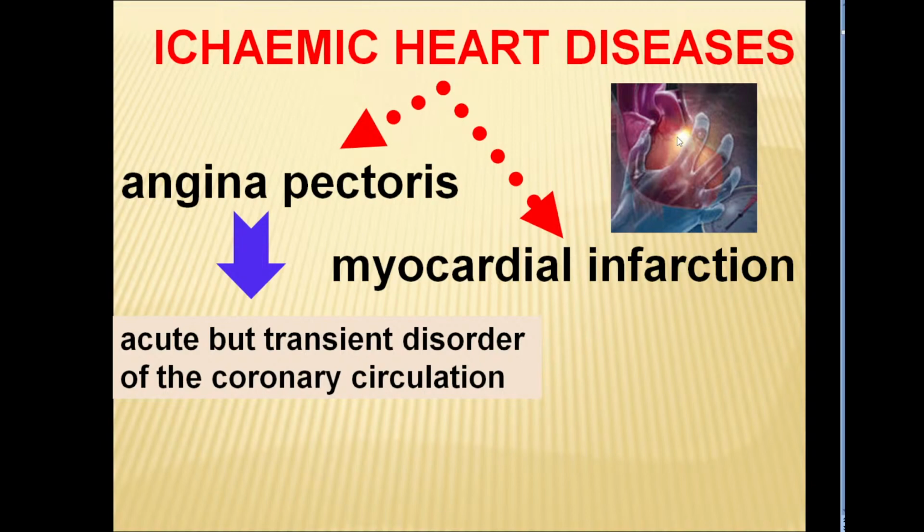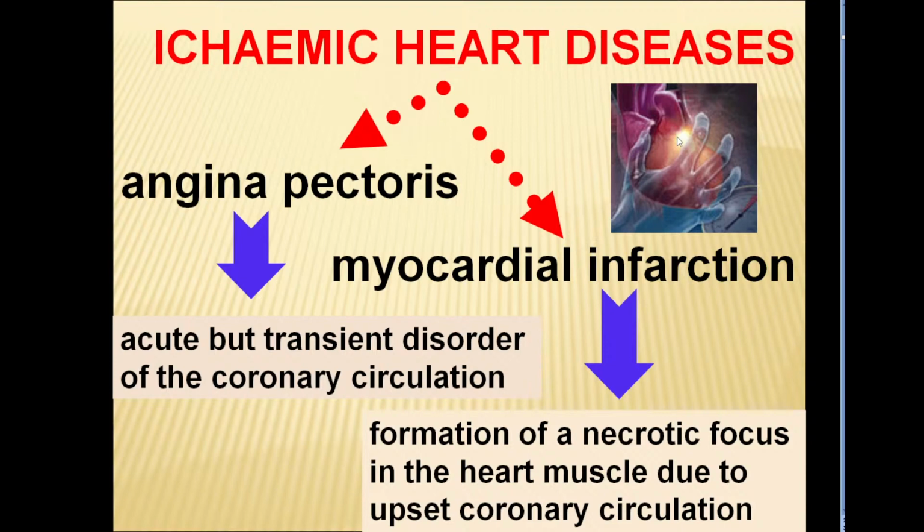But this process is slow because disorder of coronary circulation is short time and may be released with some medicines about which we'll say later. Myocardial infarction is a grave pathology because disordered coronary circulation is prolonged, as a result will be death of the heart muscle and formation of necrotic focus.